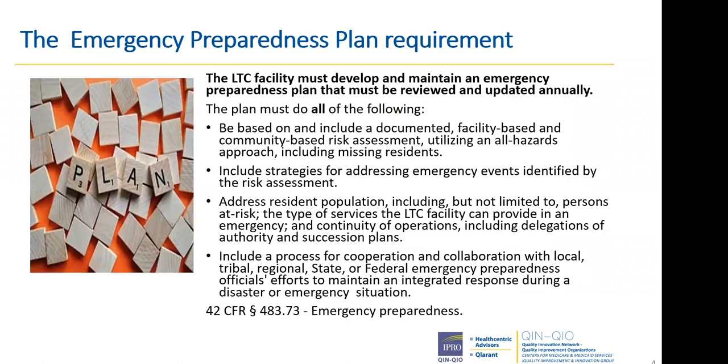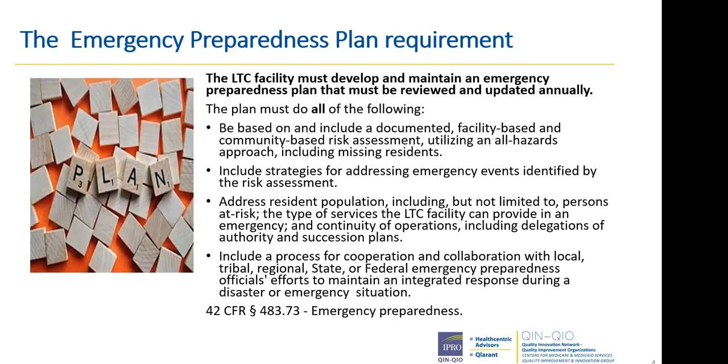The long-term care facility must develop and maintain an emergency preparedness plan that must be reviewed and updated annually. The plan must do all of the following: be based on and include a documented facility-based and community-based risk assessment, utilizing an all hazards approach, including missing residents and emerging infectious diseases.